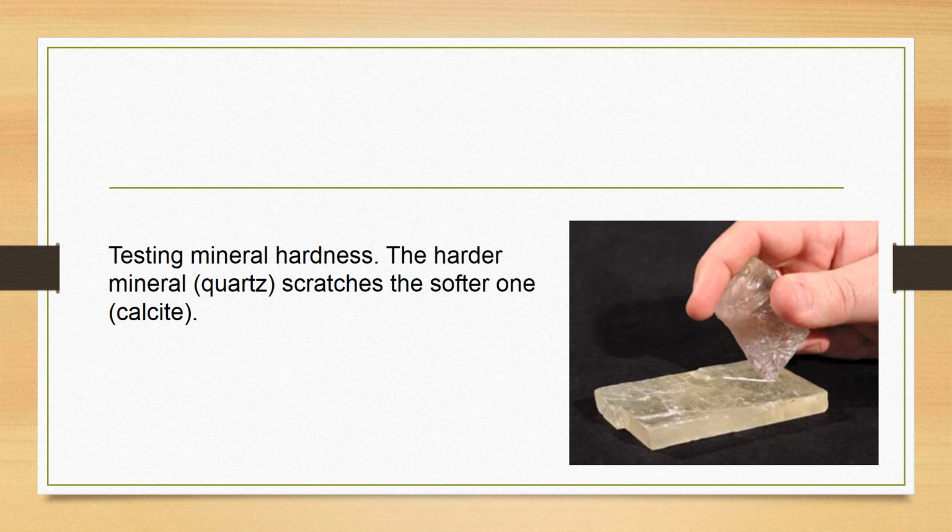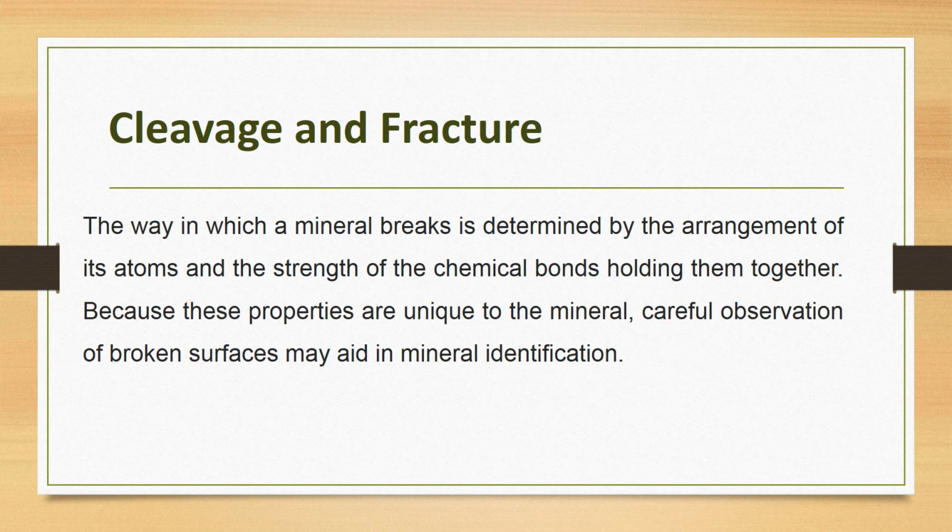This is the way we test mineral hardness. A harder mineral, quartz, scratches the softer one. The very famous two properties of minerals are cleavage and fracture. We need to know the difference between them: the way in which a mineral breaks. Either by cleavage, which follows very weak planes, and a mineral could have one cleavage plane or two cleavage planes or more than that, and across those planes the mineral will break.